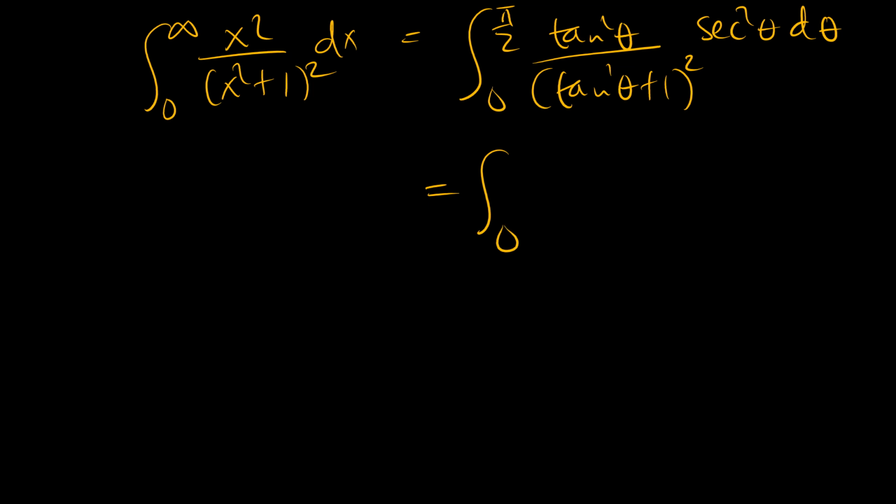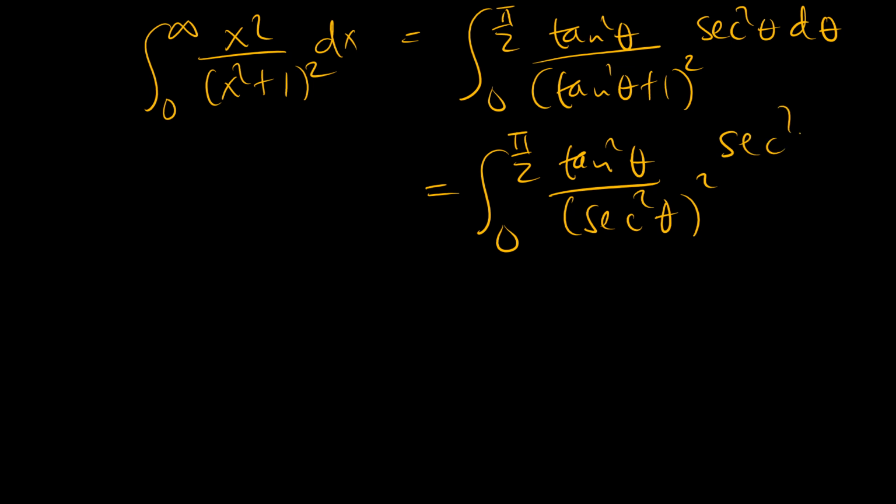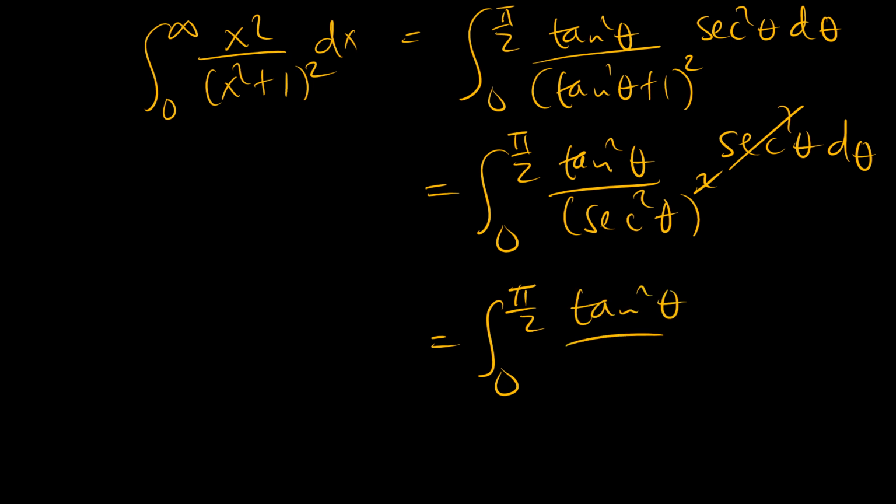So this becomes 0 to pi over 2 of tan squared theta times sec squared theta, over sec squared theta all squared, and so one of these cancels with one of those. We are left with the integral from theta equals 0 to theta equals pi over 2 of tan squared theta over sec squared theta.